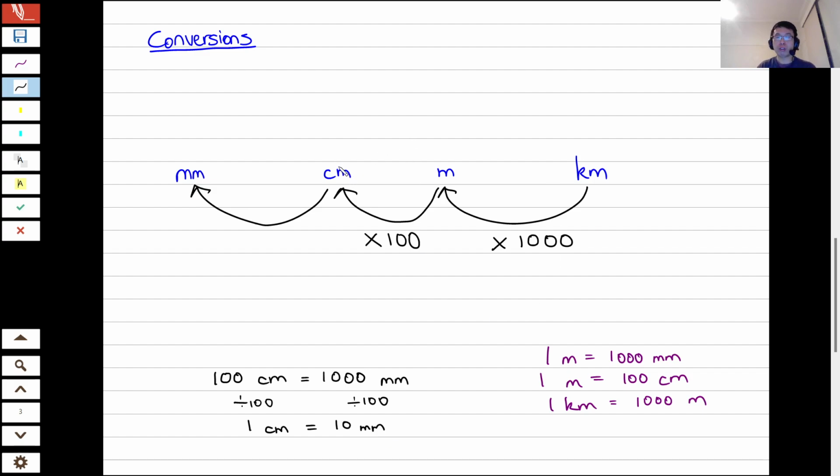Therefore, to go from centimeters to millimeters, I need to multiply by 10.